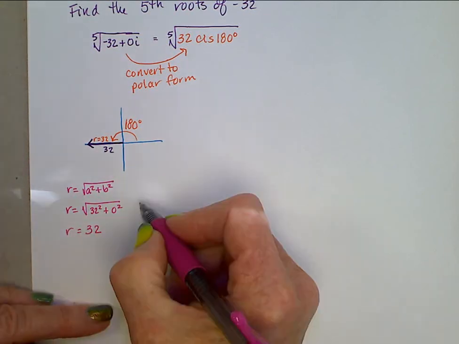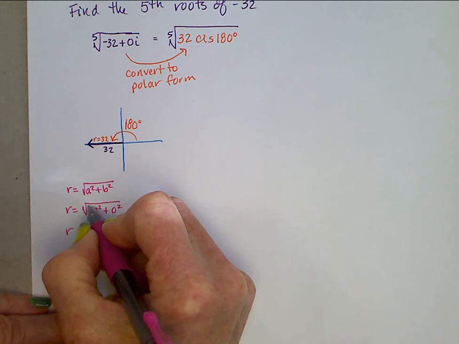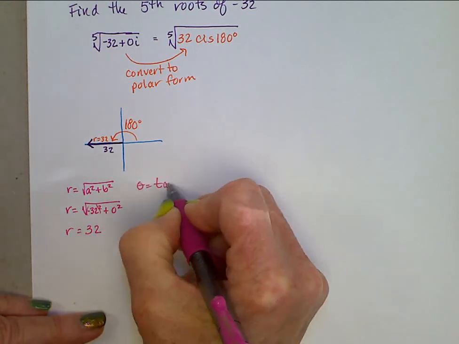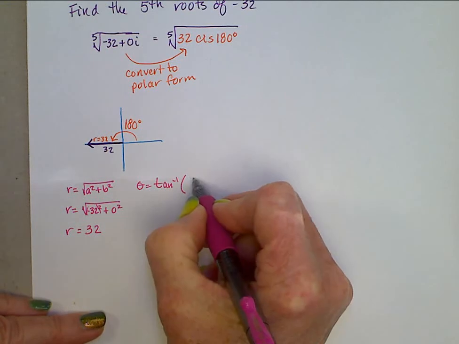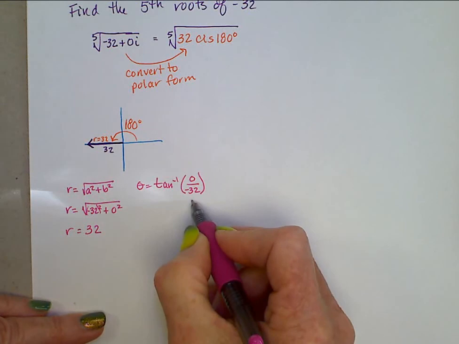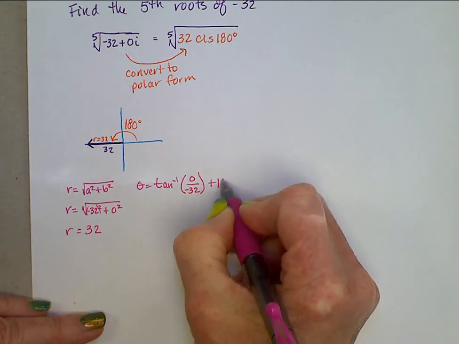Theta, oops, it was negative 32. And theta is inverse tangent of b over a, which would be 0 over negative 32. A is less than 0, so we will have to add 180 degrees.